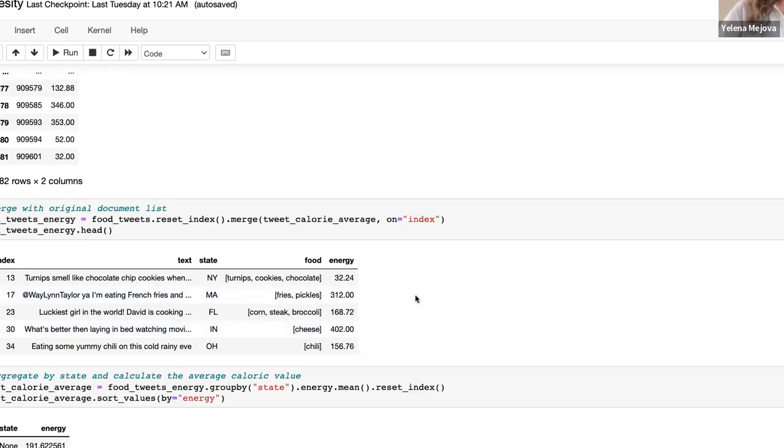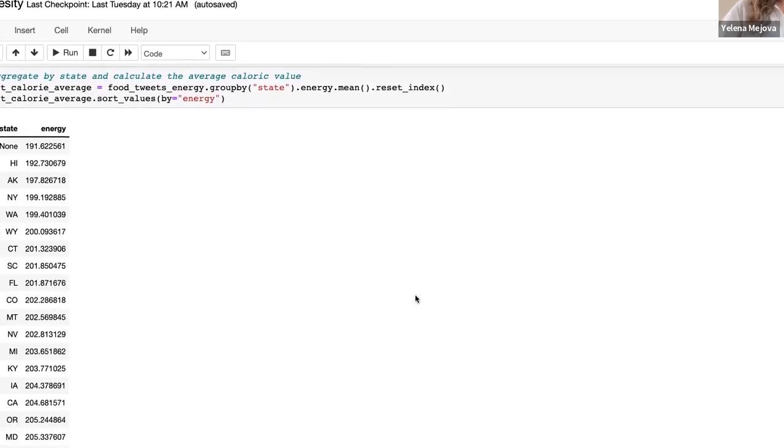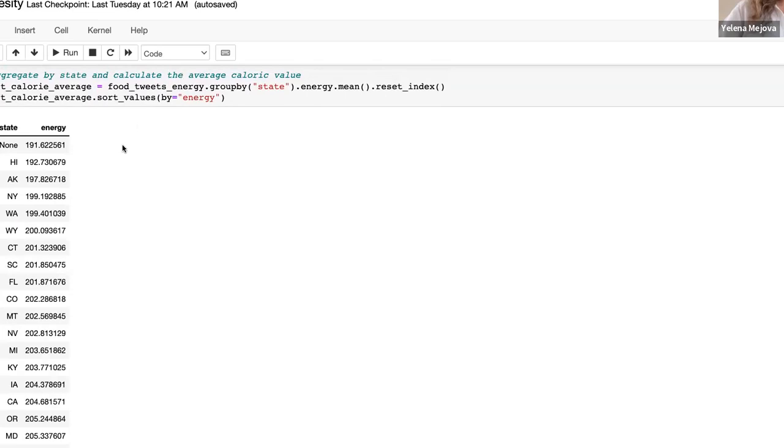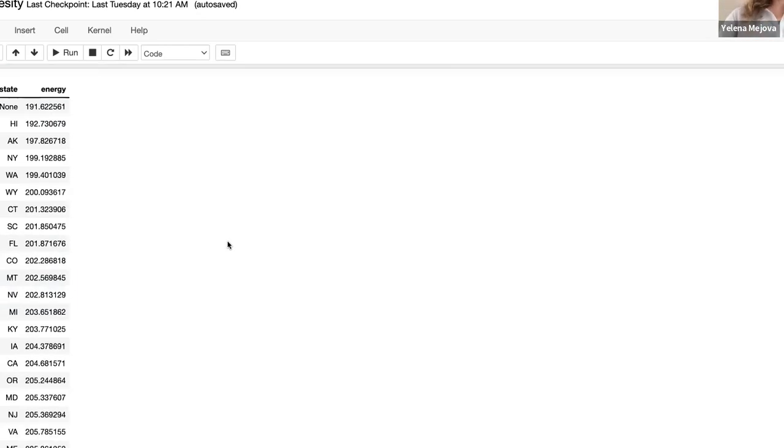Fries are very heavy. Okay, so we can average this not only per tweet, but we know where the tweets are. We take that information, which state they're in, and average by that. And now we have average energy that people post about in that state.